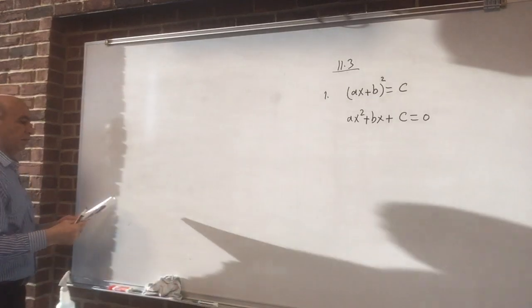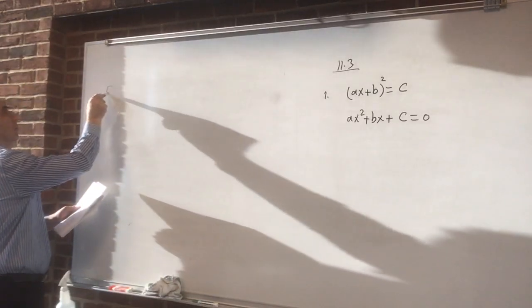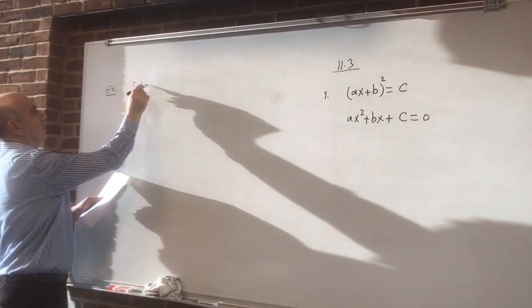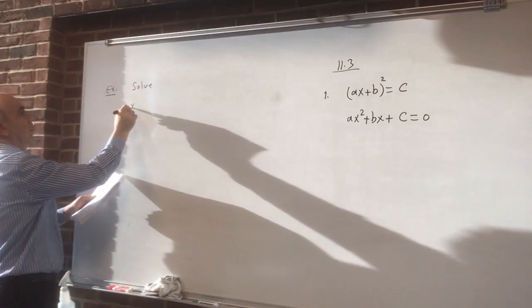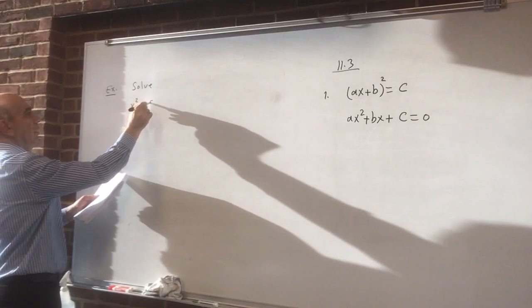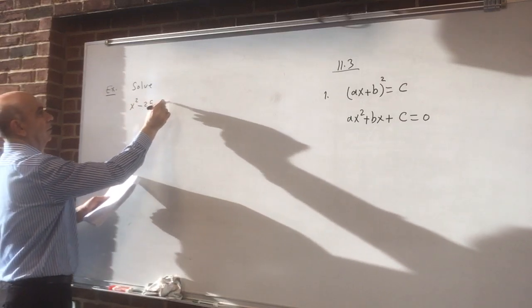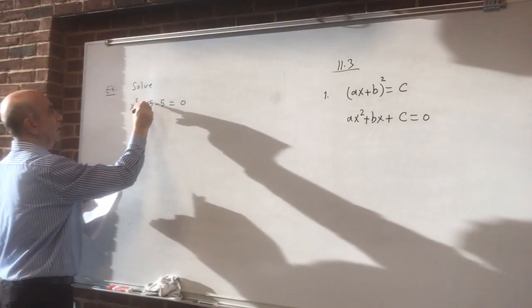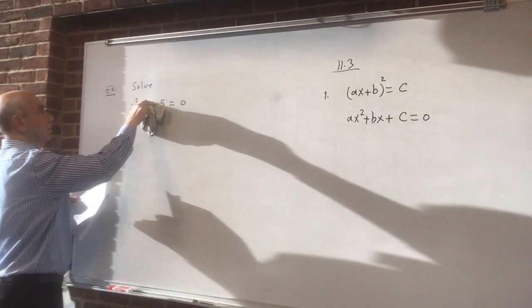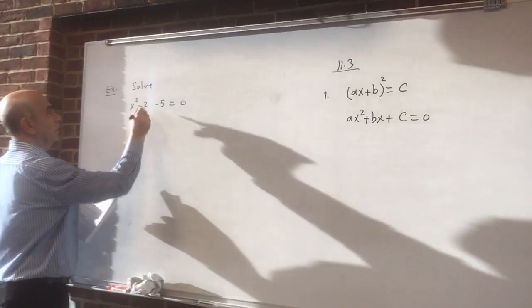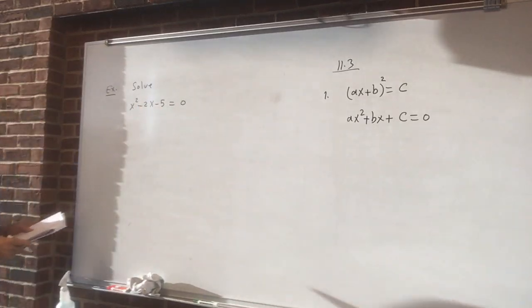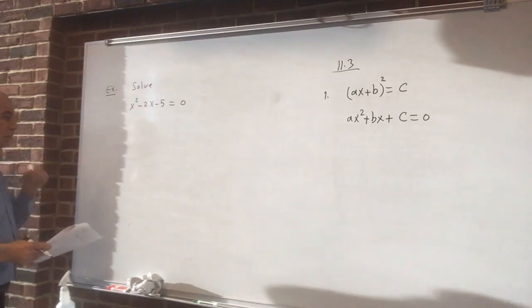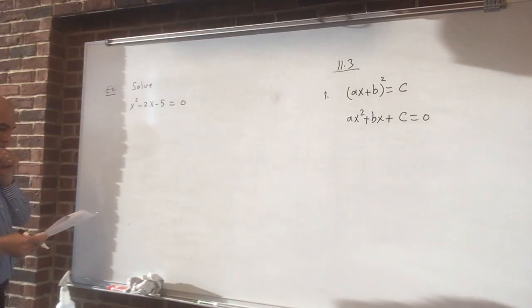Solve this equation: x squared minus 2x minus 5 equals 0. This equation, we cannot solve it by trial and error.